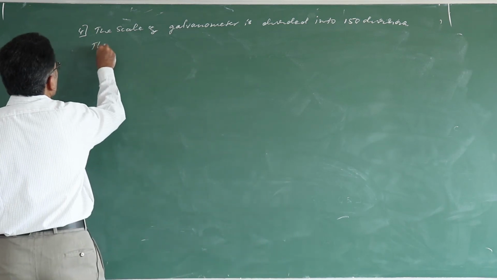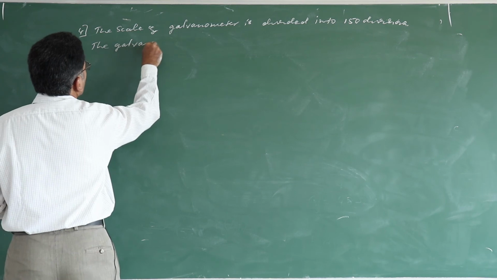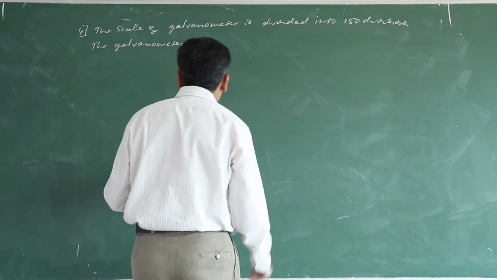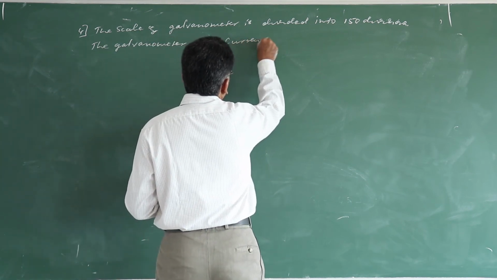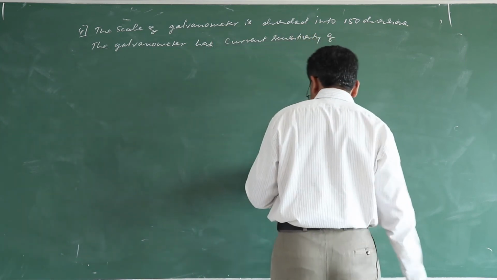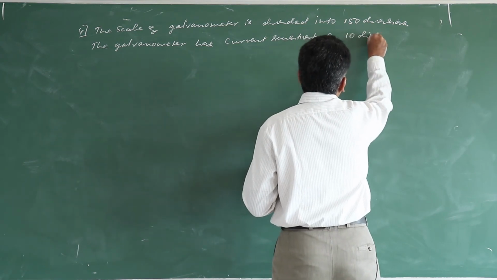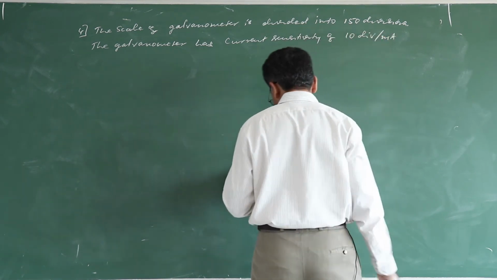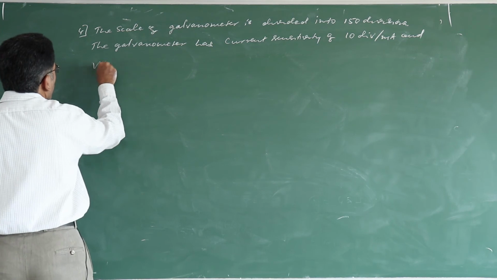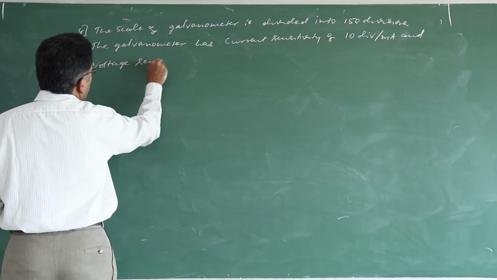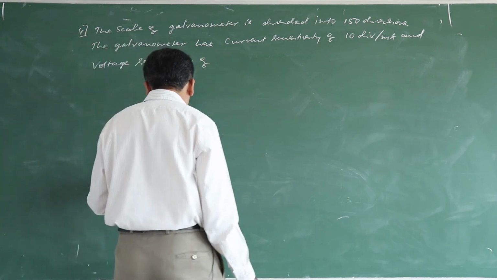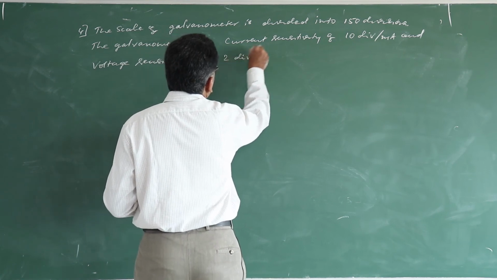The galvanometer has current sensitivity of 10 division per milliampere and voltage sensitivity of 2 division per millivolt.